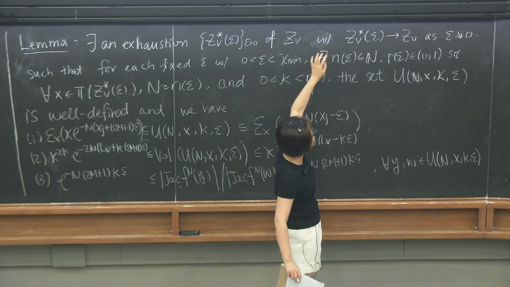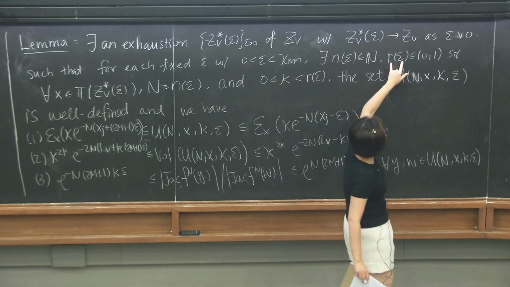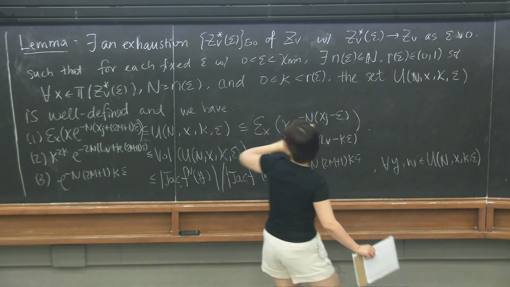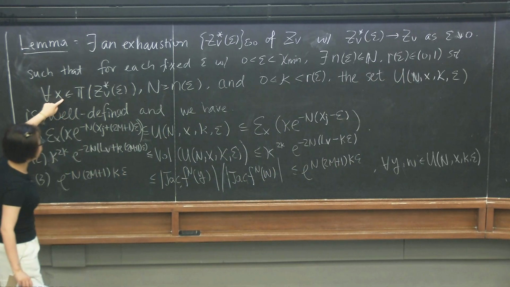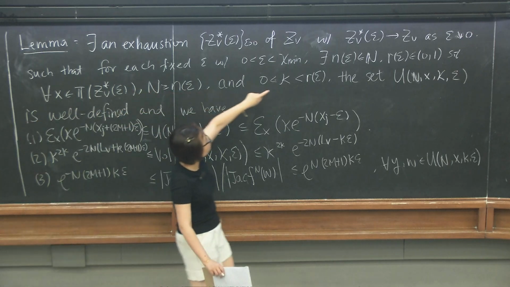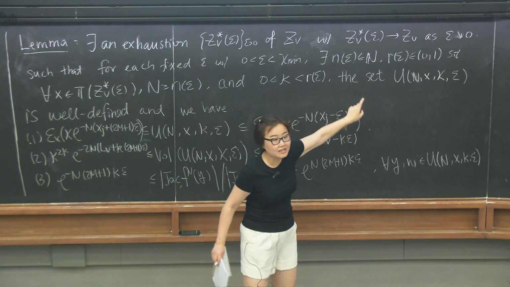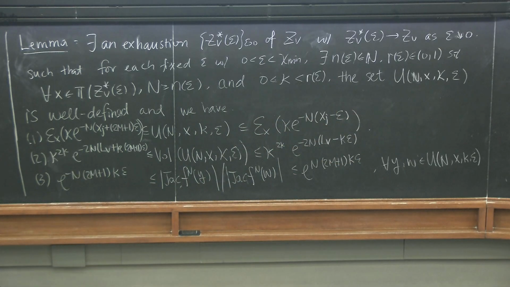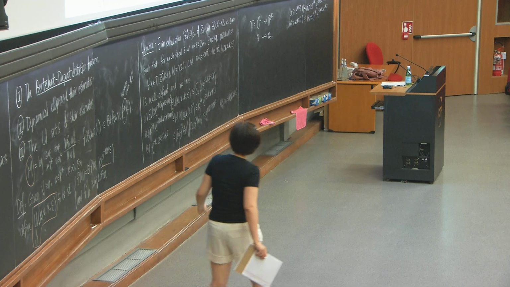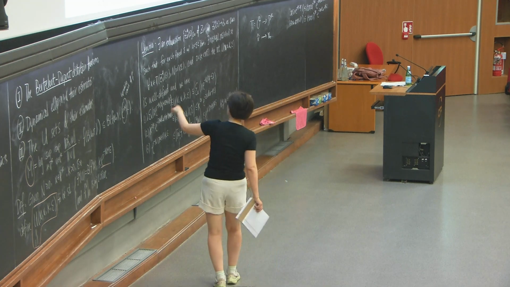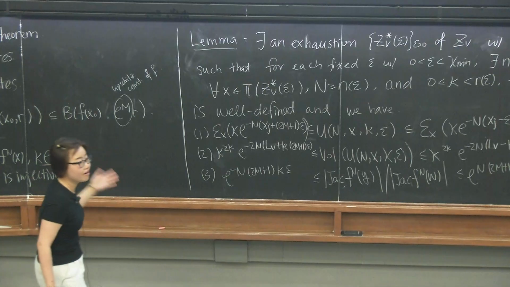The iterate should be bigger than this bound, and the radius should be smaller than this bound, such that for these x, these n, and these radius, the set is well-defined. Here I just formally wrote down what these sets are, but it's not going to work for every n, x, kappa, epsilon. And once it's well-defined, we know where they are under iteration.